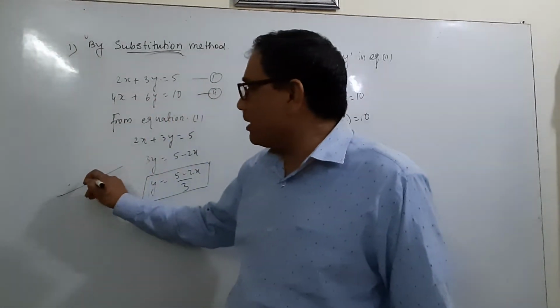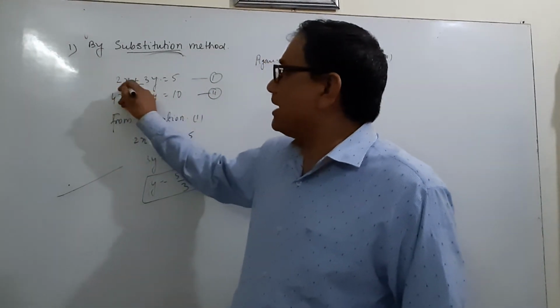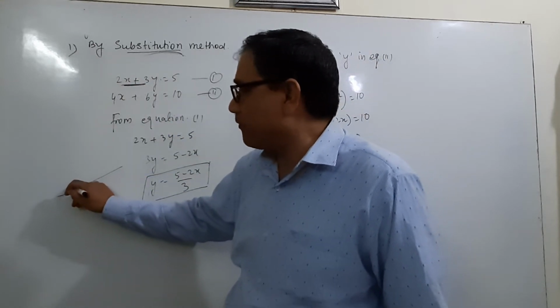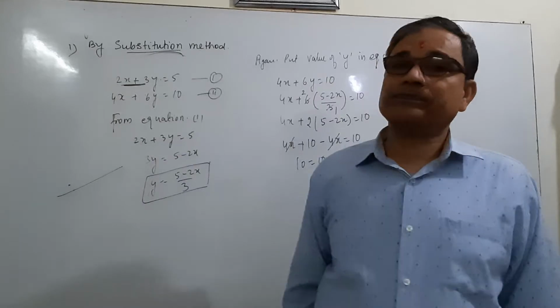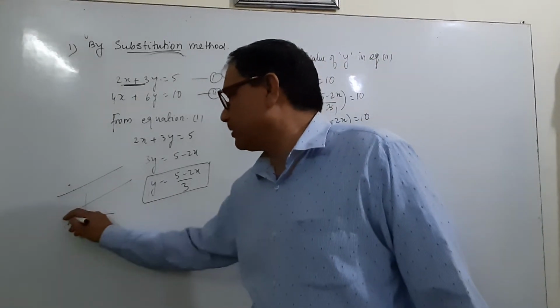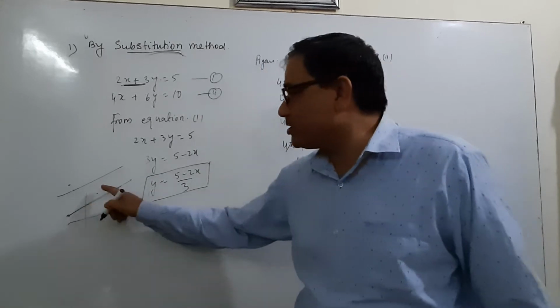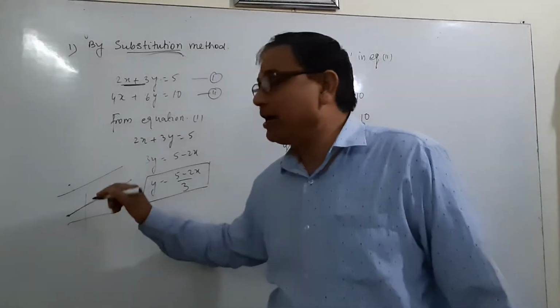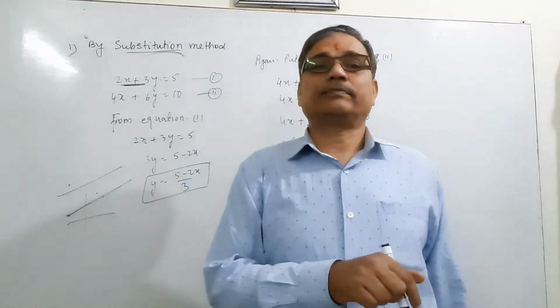If the point is away from this line, then it will not satisfy. If I draw the graph and the point is here, then it will not satisfy this line. Which points will satisfy? All the points which lie on the line.